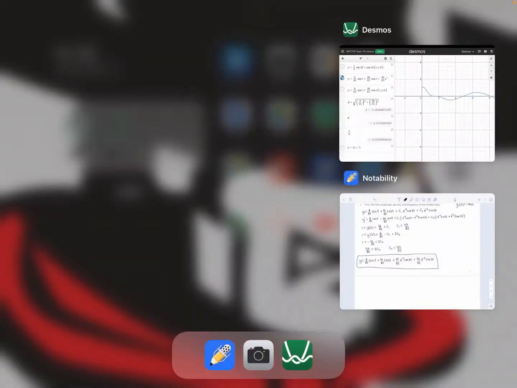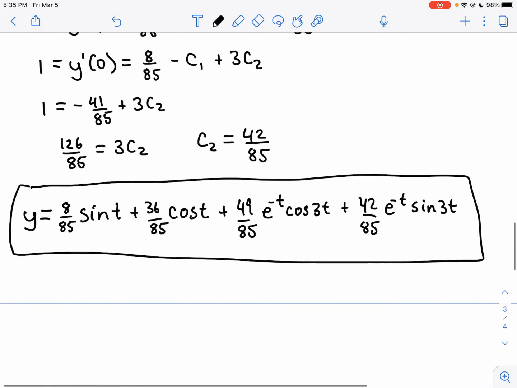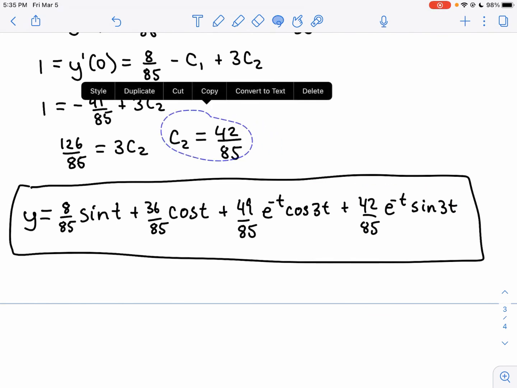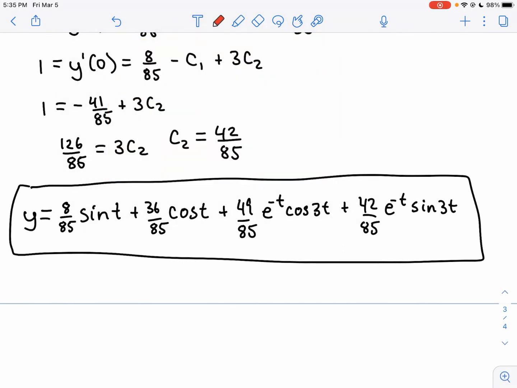In fact, if you look at the equation, analyze it as t goes to infinity. Any part that has an e to the negative t times these trig functions is going to approach 0. In fact, why don't we indicate this? I'll put it in red.